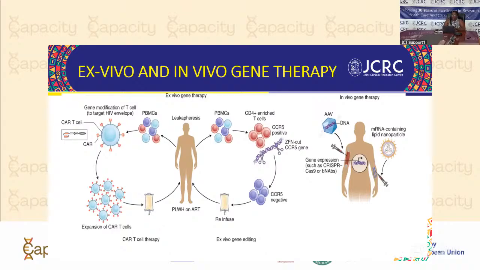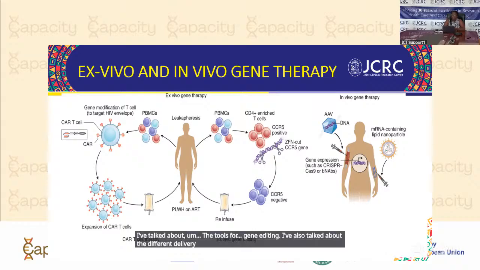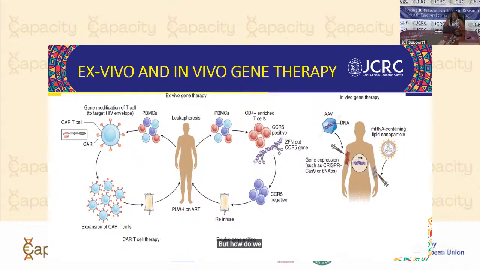So when we look at gene editing, I've talked about the tools for gene editing. I've also talked about the different delivery mechanisms, but how do we achieve this within the laboratory or a clinical setting?